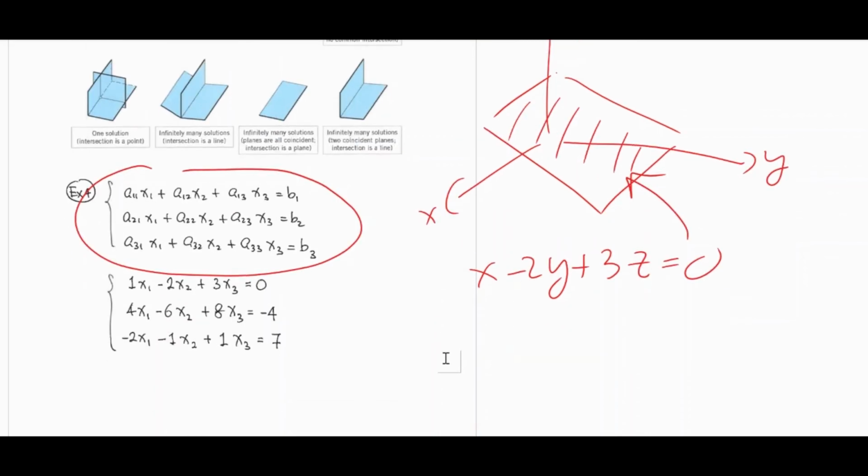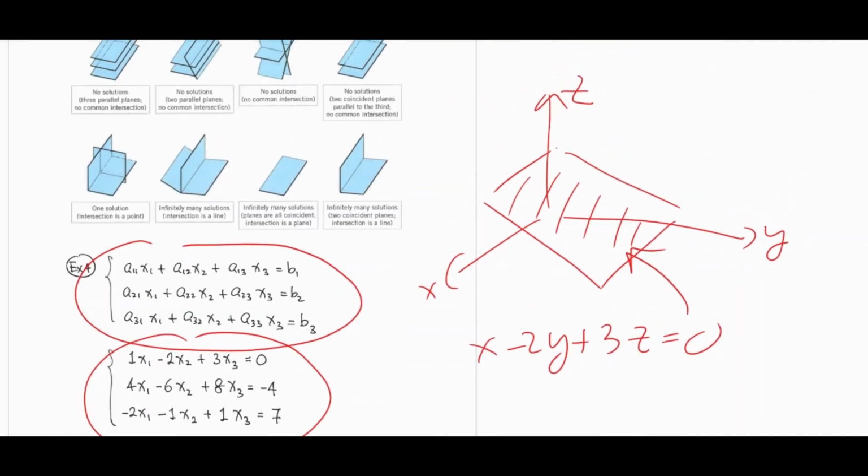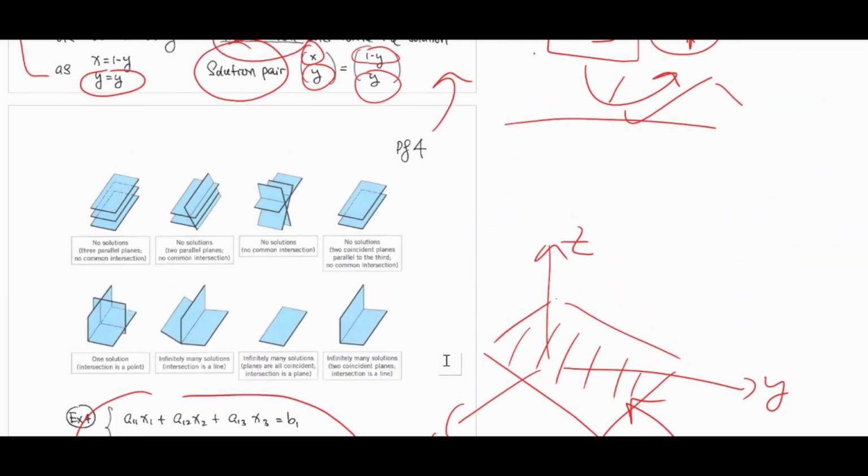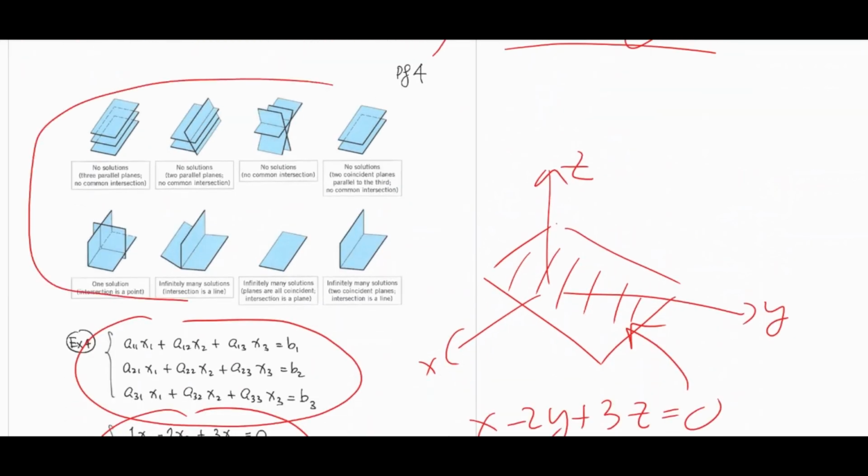When you have a system of 3 equations and 3 unknowns, you have planes in this 3-dimensional space, and the situation is slightly more complicated. It's harder to draw, but you can see that there's a possibility that 3 planes intersect at one point, so you have a unique solution. You can also have no solutions.